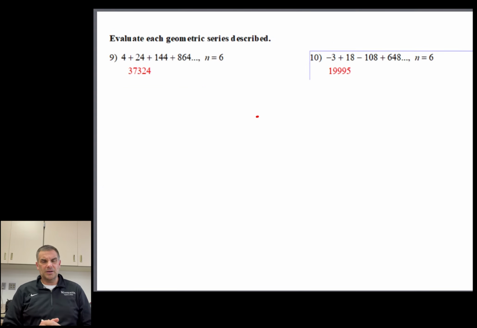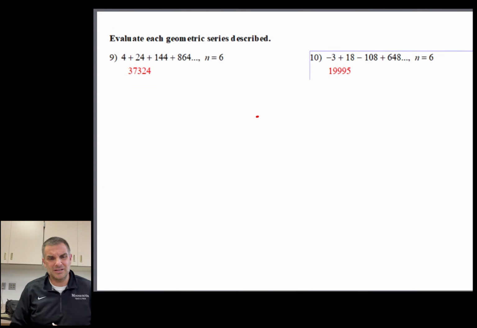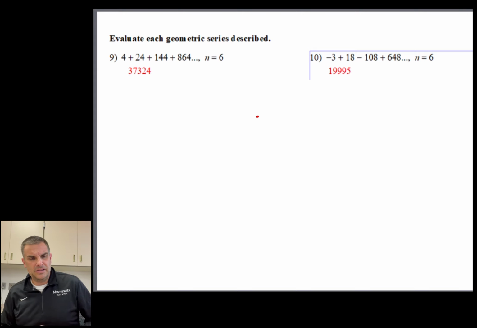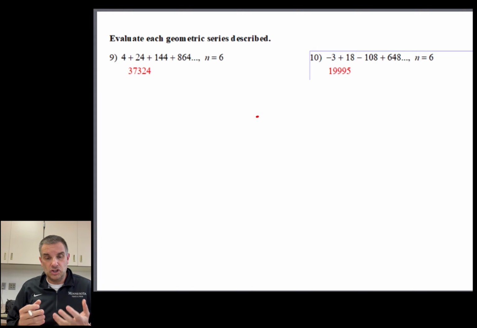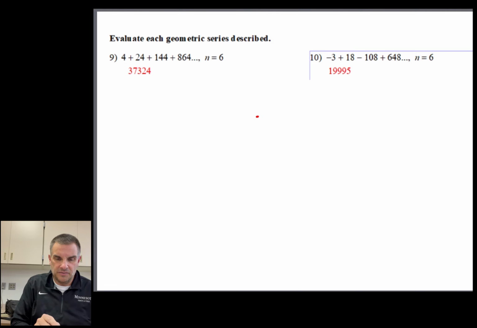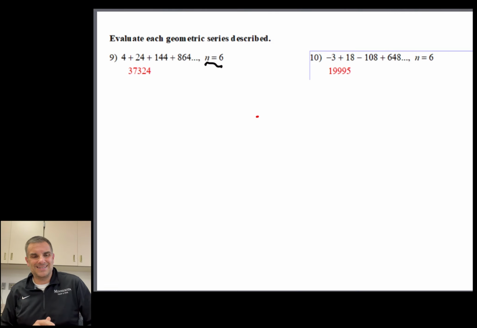So let's start out with a couple of basics. I already gave you the answer here, but we're going to evaluate each geometric series as described. We've got this geometric series, and we want to know the sum of the first 6 terms.